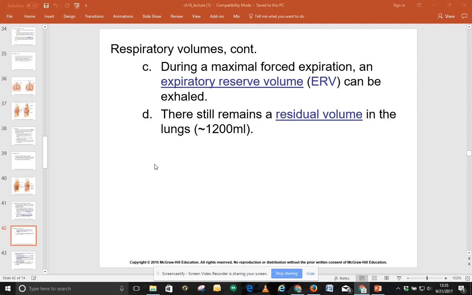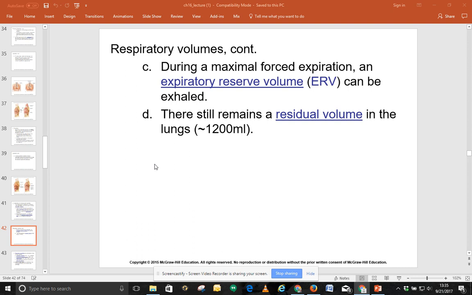During maximal forced expiration, we call that ERV. Now, I'm sure you're all going to do this. Exhale down farther. So instead of just exhaling, go and blow out even farther. That is an expiratory reserve volume that can be obtained and used if you need it, if you're running. I guarantee if we all get excited or start running, we're going to go into our inspiratory reserve, which is above the tidal volume, and expiratory reserve, which is down below.